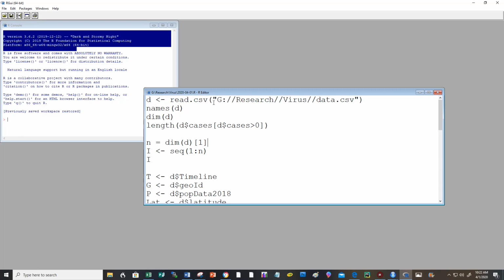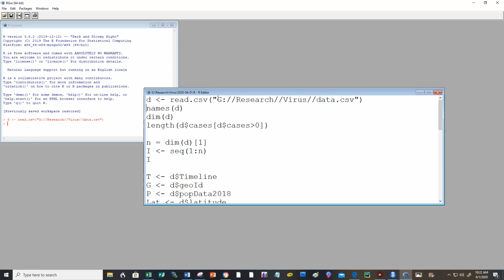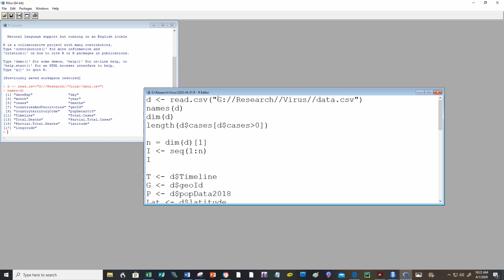Let's go ahead and run this. So I'm going to hit Control R. And notice in the background it said it went and put it there. So I'm going to ask it, what did you name the columns? And it'll tell me. So the data set I have is larger than the one you have. My data set I was able to find working with a client, latitude and longitude of these countries.